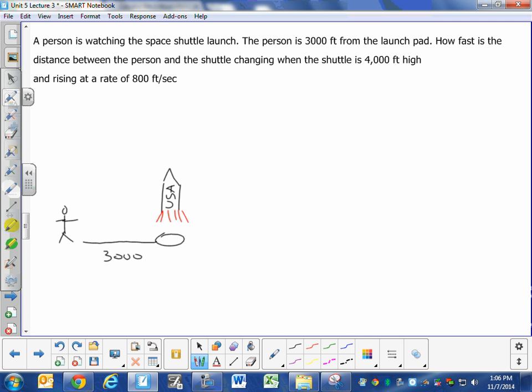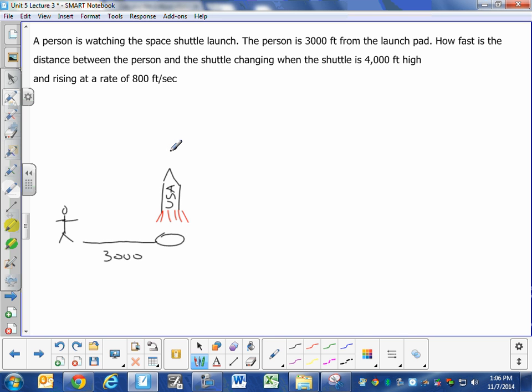The question is, how fast is the distance between the person and the shuttle changing when the shuttle is 4,000 feet high and rising at a rate of 800 feet per second. So what am I trying to find? The change in my distance.